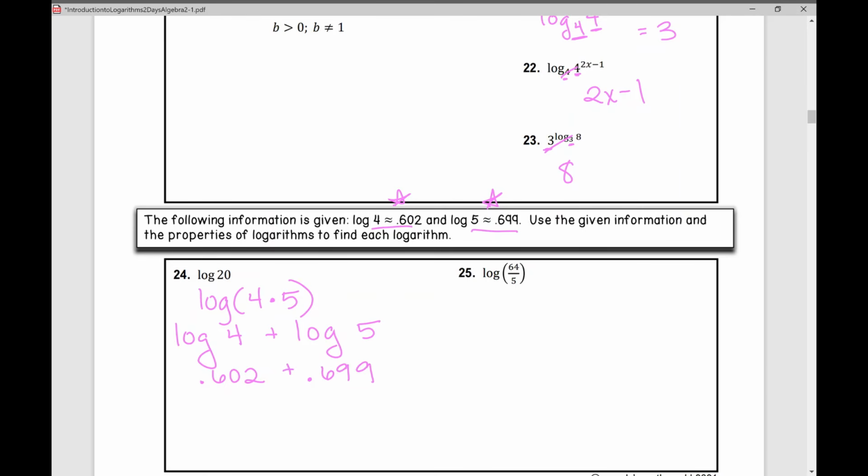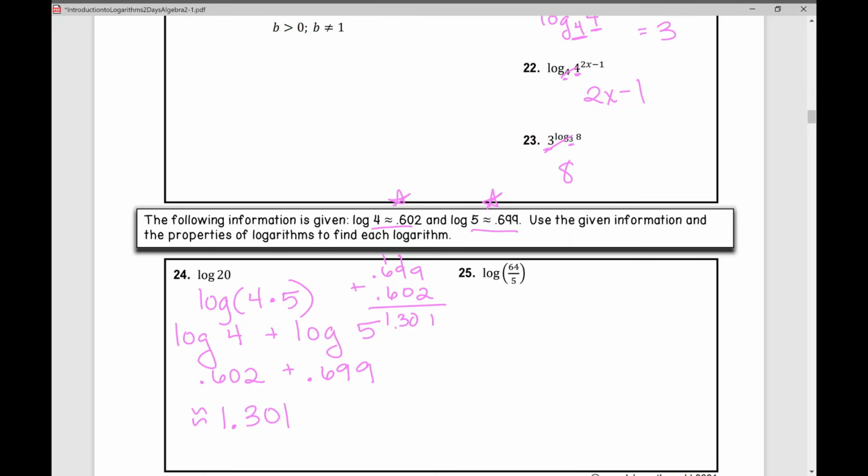And now I can just add those together. So I've got 0.699 plus 0.602, and when I add these together, I get 1.301. So the log of 20 is approximately that. And if you were to plug it into your calculator, you could check and you would see that it is approximately 1.301, right? We've rounded it.